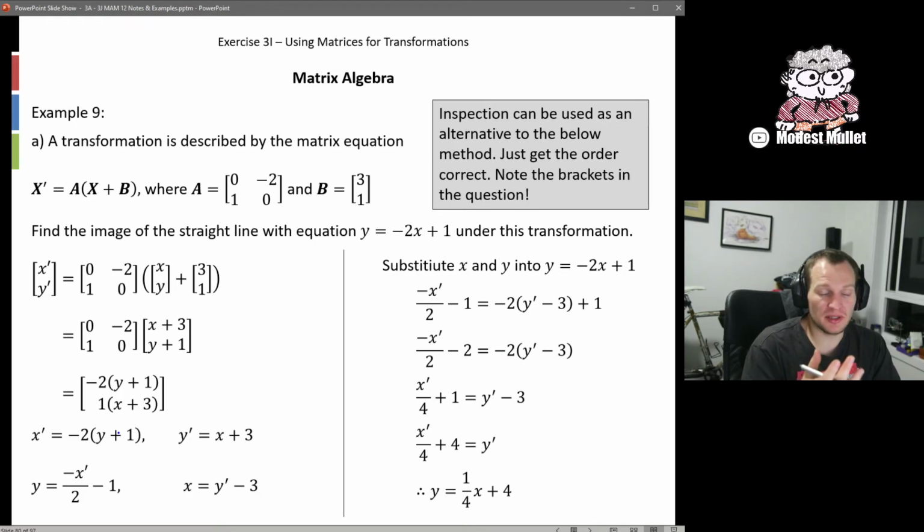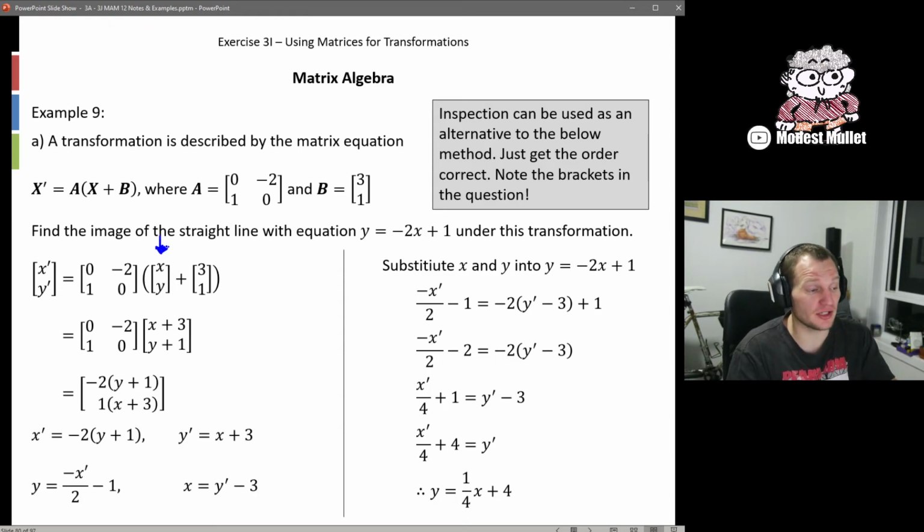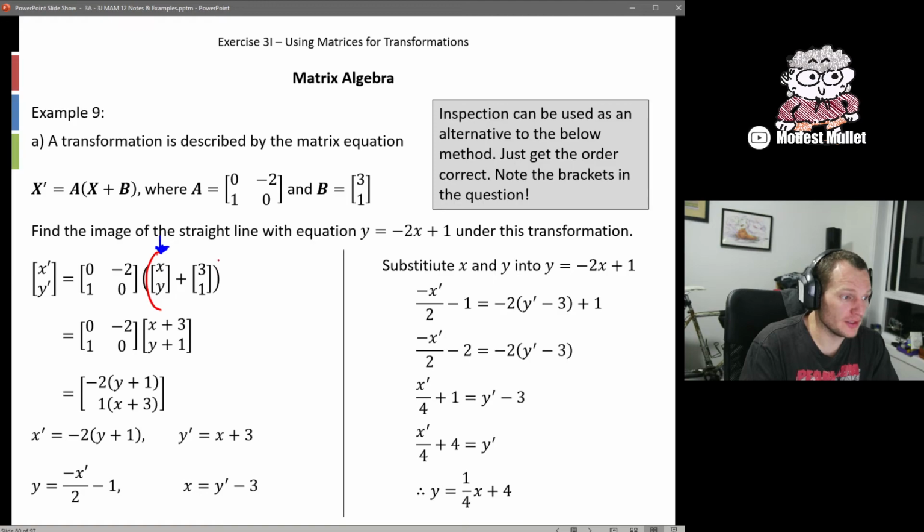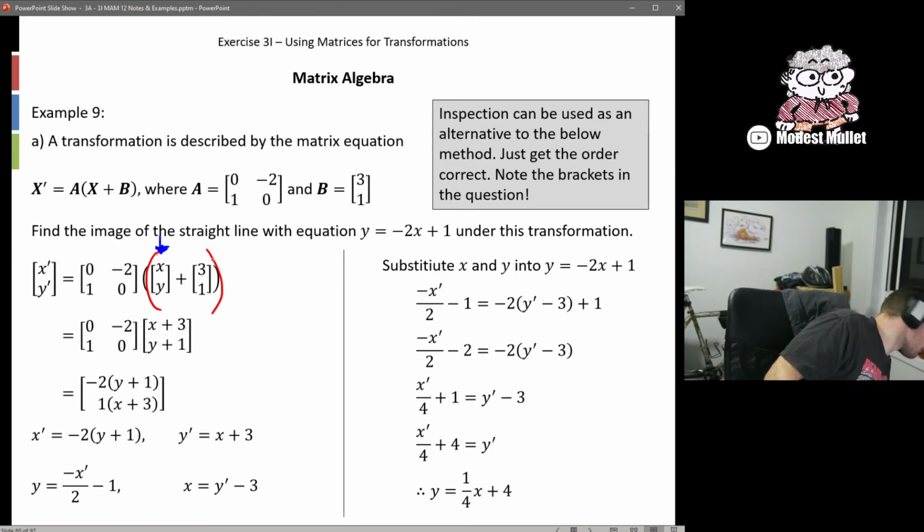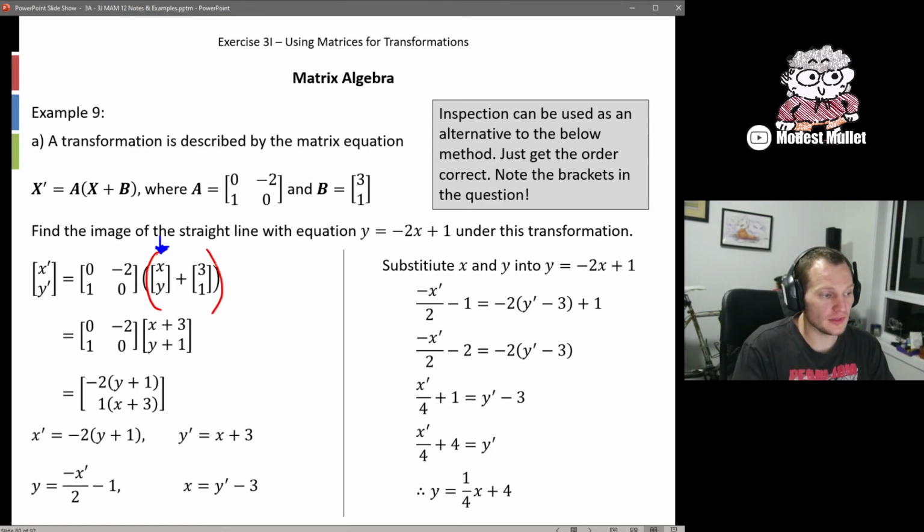One last thing, and we talked about this in class today, is to be really careful of recognizing, especially if you're doing inspection, and actually the matrix operations, the brackets. If we can see here that these brackets, which I've now highlighted in red, mean that if you do inspection, you have to apply these transformations first, and then come over and apply these ones.